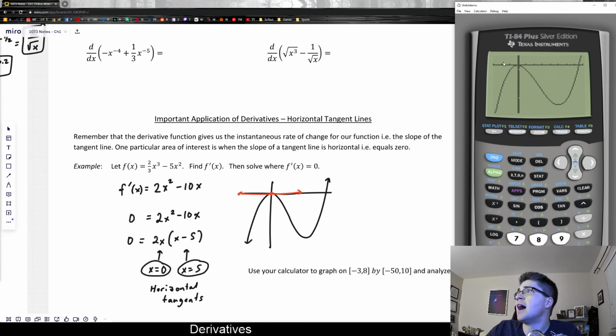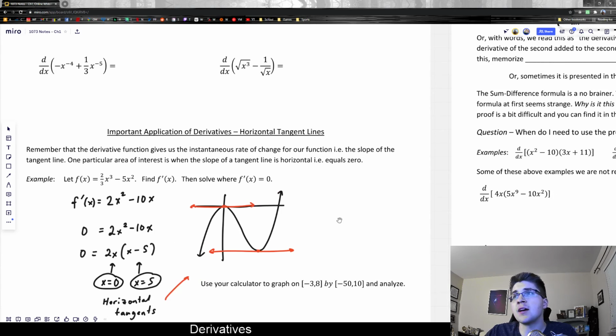And also at the location 1, 2, 3, 4, 5, we get this point, the bottom of a valley. So finding minimum and maximum points has to do with finding horizontal tangents. And of course, we could write the equations of these using the techniques we talked about before.